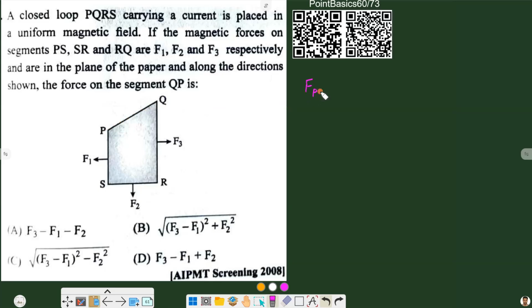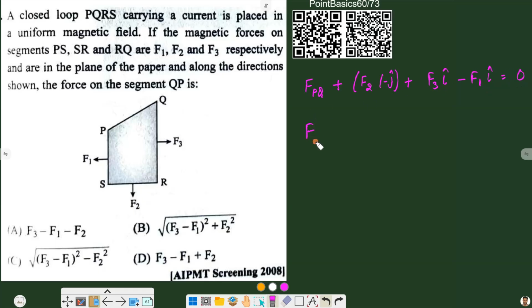So it is FPQ plus the force on the SR section, which is F2 in the negative Y direction, so it is F2 minus J. Similarly, for QR, it is F3 I in the positive X, and on PS, it is F1 minus I. So total force should be 0.